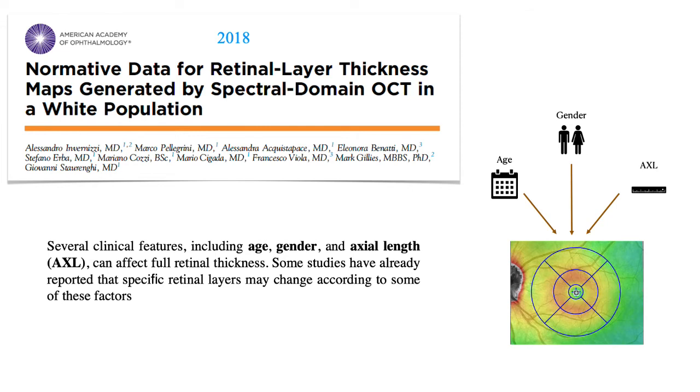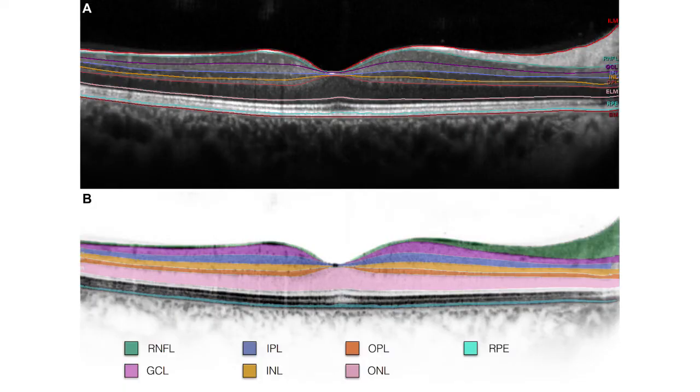In 2018, using spectral domain OCT, we studied and proposed a sort of normative data set of retinal layer thickness based on the ETDRS map. We also studied the influence of three clinical features, age, gender, and axial length, on each of these layers.